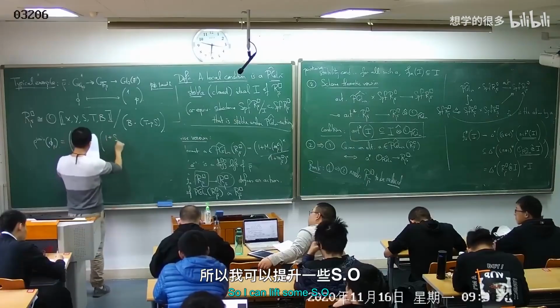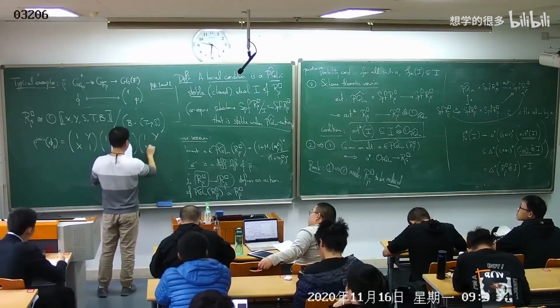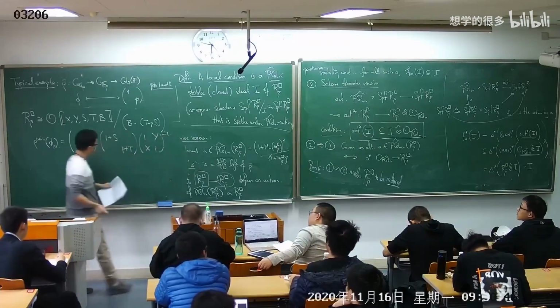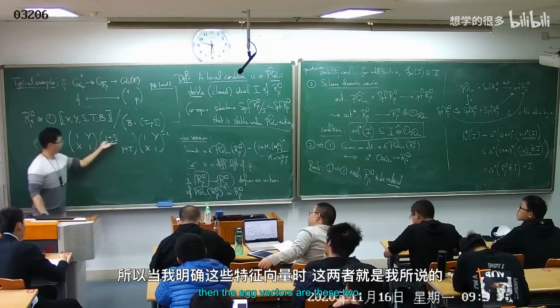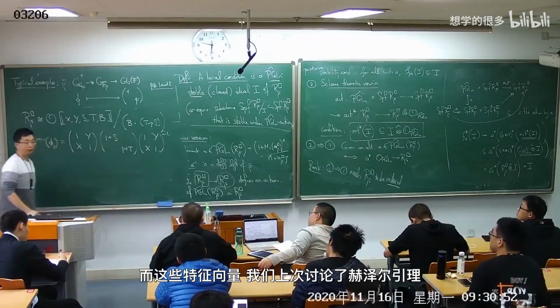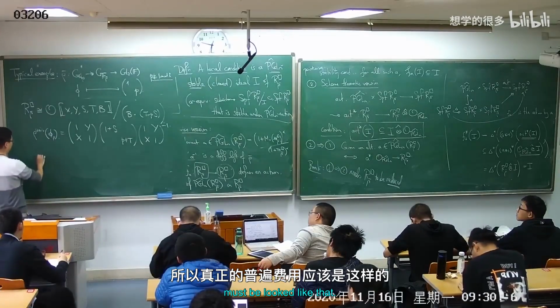I can lift them as so, always. When I know what the eigenvectors are, then the eigenvalues are these two. And for eigenvectors, we did Hensel's lemma last time. So rho universal of phi at p must look like that.